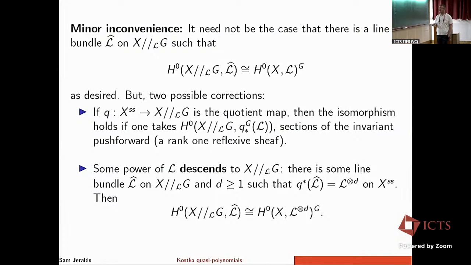And then, if you want to compare global sections, you can relate the line bundle downstairs to maybe not L, but some power of it. So, okay, two easy ways to get around this minor inconvenience. Depending on what you like, we will actually end up using both pieces. But I think this question of descent and what line bundles descend to the GIT quotient is quite interesting.